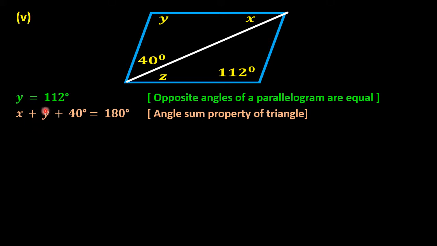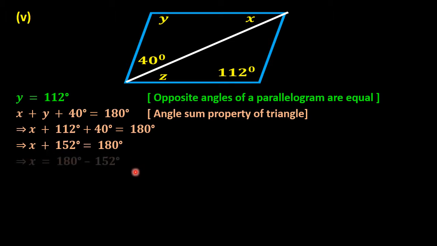So we replace the value for y, and then we add 112 degree with 40 degree, which gives x plus 152 degree equals 180 degree. Now we shift this 152 degree to the right hand side, and after subtraction we get x equals 28 degree.